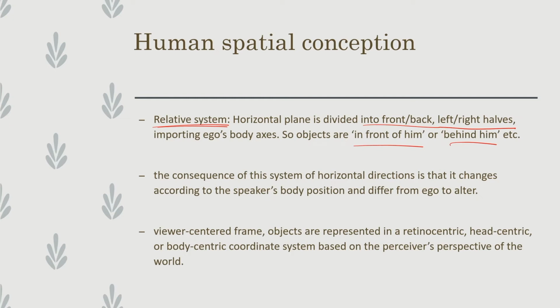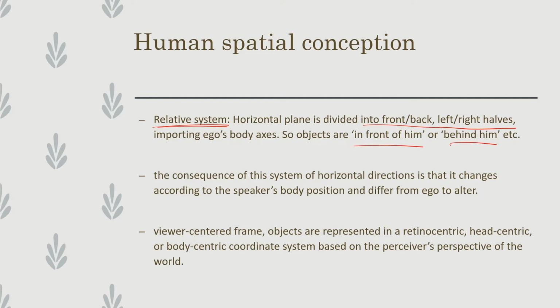The consequence of this system of horizontal direction is that it changes according to the ego's position and orientation. So, we are talking about various systems, various frames of reference in terms of spatial arrangement. One of these frames is called the relative frame of reference.